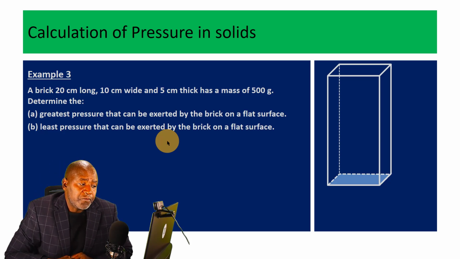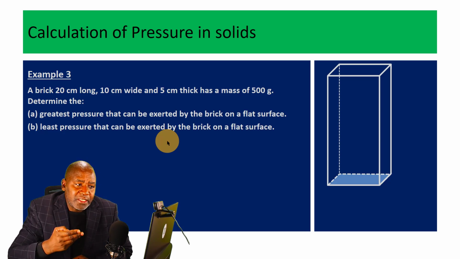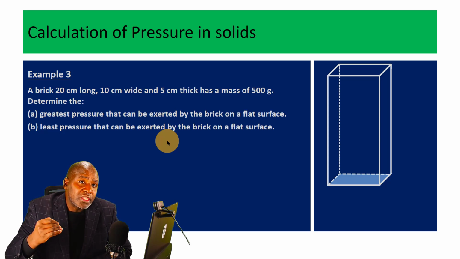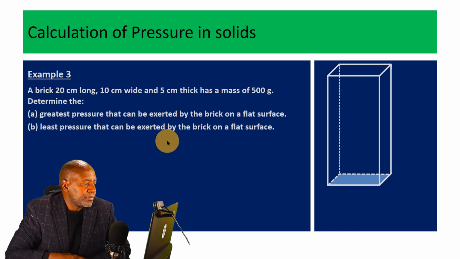So the amount of force it exerts on that horizontal surface is equal to its own weight. So first of all, you convert that mass into kilograms, and then convert those kilograms into newtons using the equation that we have used in the past two examples.